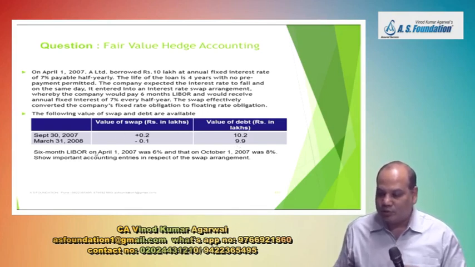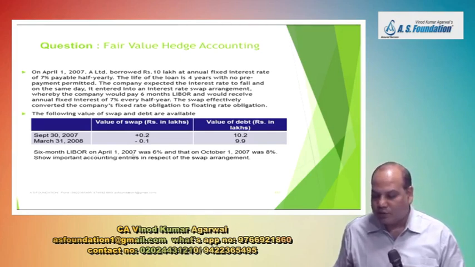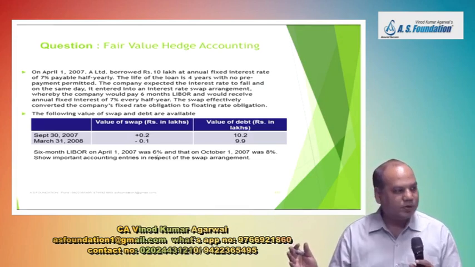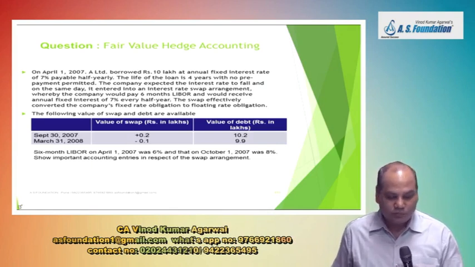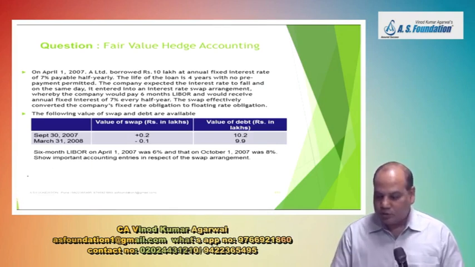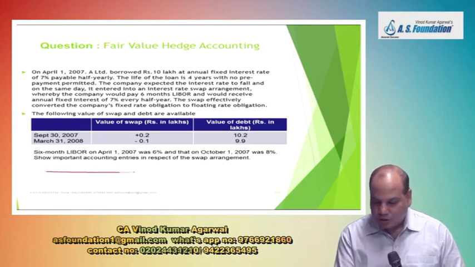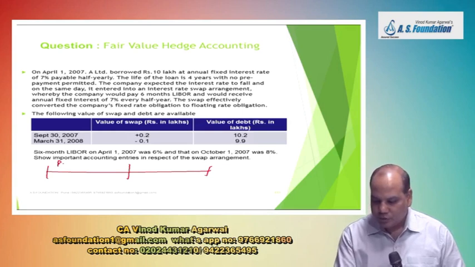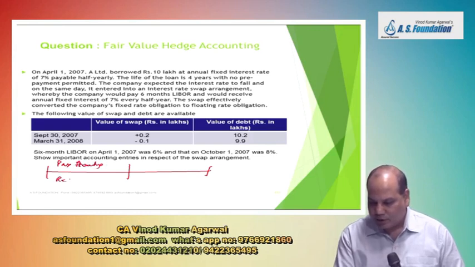Now, in order to calculate the floating rate interest, they have given that 6-month LIBOR on 1st April 2007 was 6%. So I will explain now. 2 periods are involved. We will pay floating and we will receive fixed.